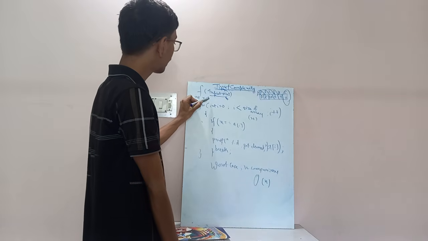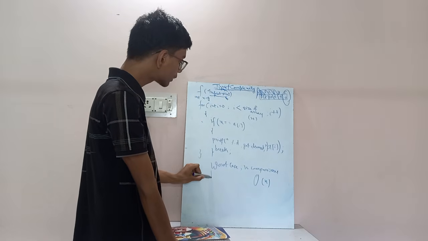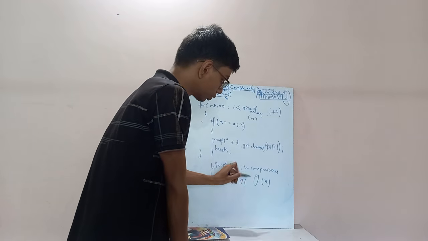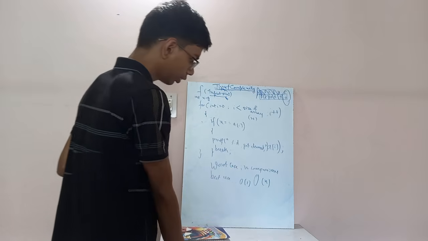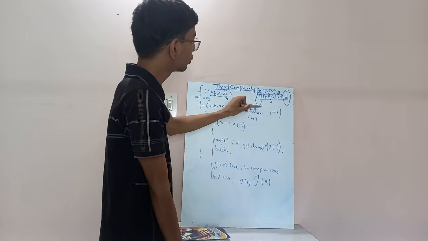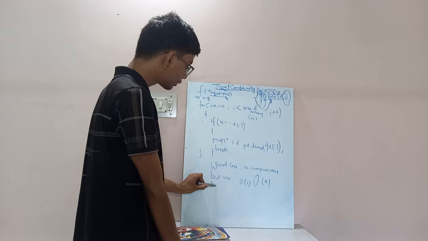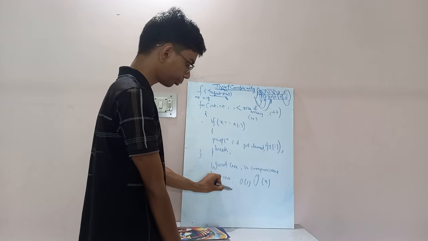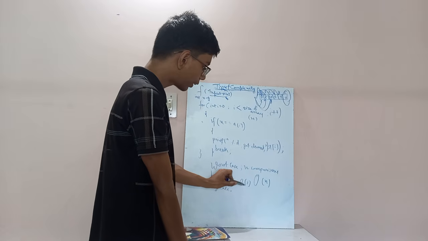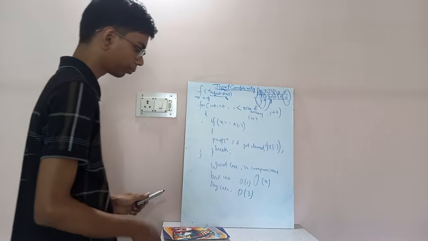Now suppose I have to find 9. At the first position I will get 9. So the best case will be order of 1. And suppose I want to search 10. First I will compare with 9, then I will compare with 8, then I will get my element. So this will be considered the average case, where 3 comparisons I have to do, and this will be of order 3.